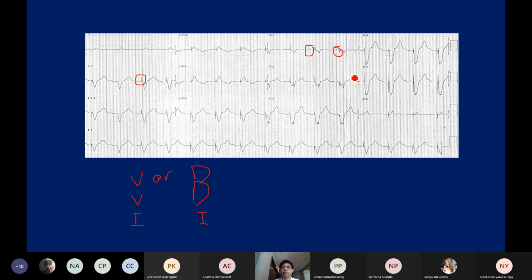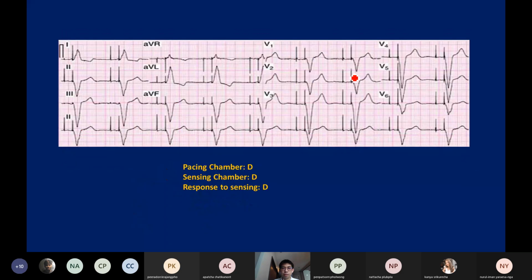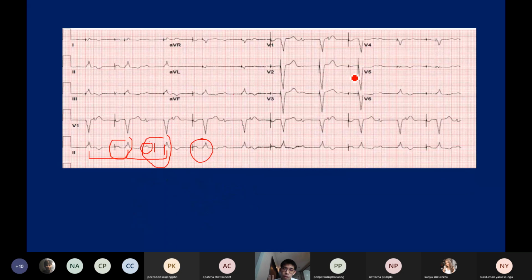Do you understand, or should I do it again? Understood. I have a slightly similar ECG at the back of this lecture, and you can answer me at that time, and I can see whether you understand it or not.